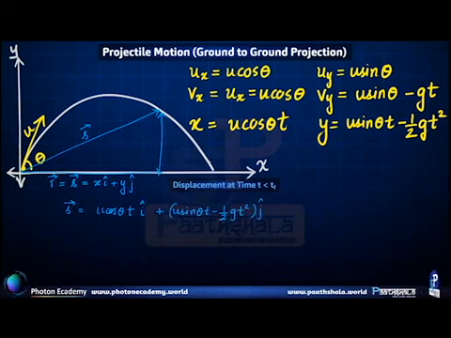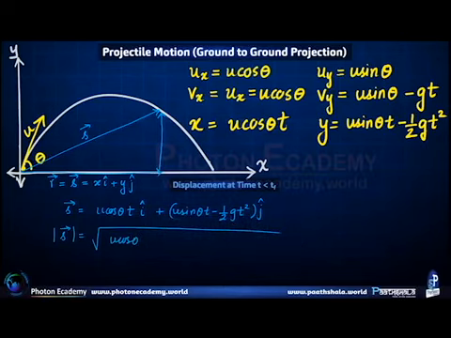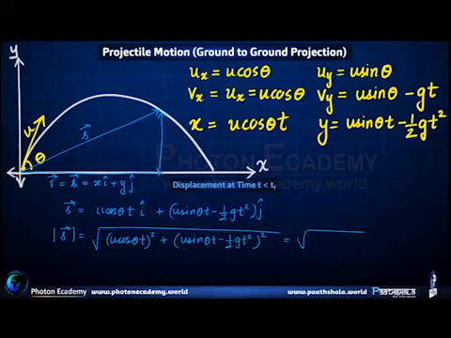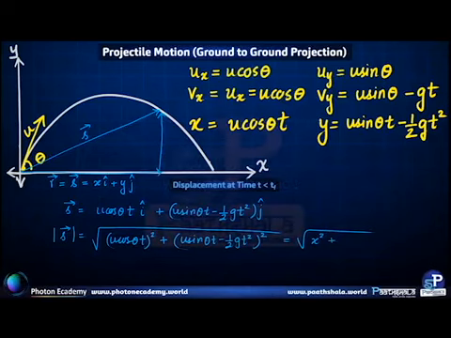If you need the magnitude of the displacement, it is simply given as root over u cos theta t the whole square plus u sin theta t minus half g t square the whole square. This happens to be equal to root over x square plus y square.